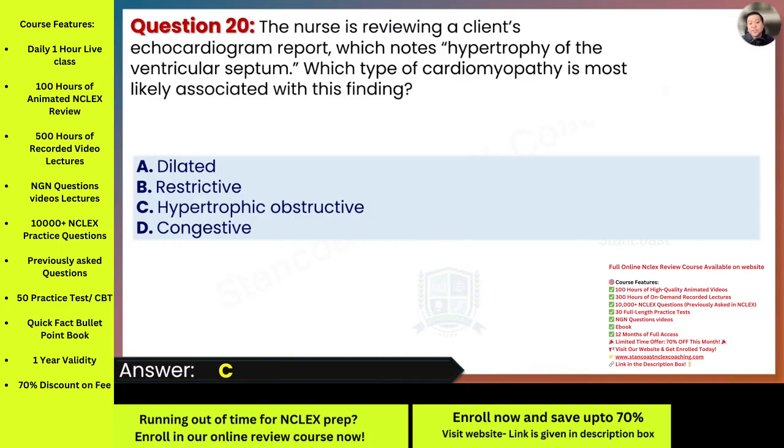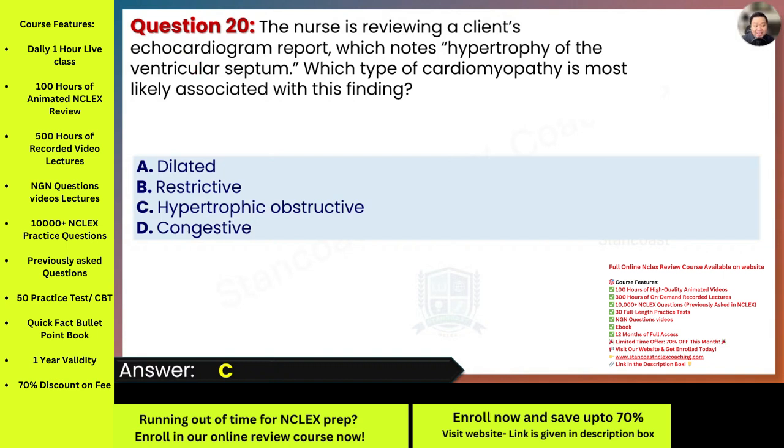Now, this is also a structural issue that is mostly closely tied to the specific hypertrophy. And the key clue here is the ventricular septum, right? Which directly points to hypertrophic obstructive cardiomyopathy.